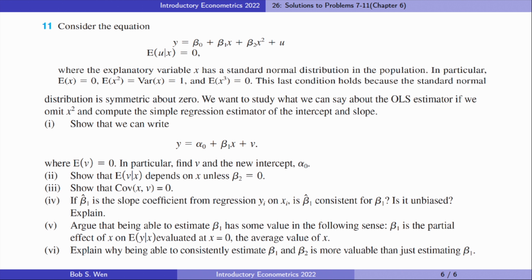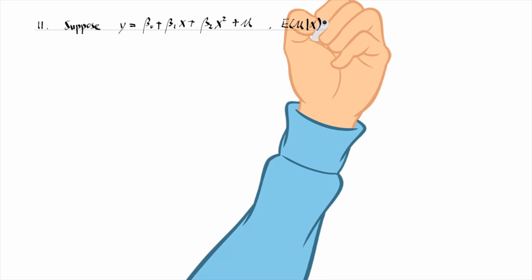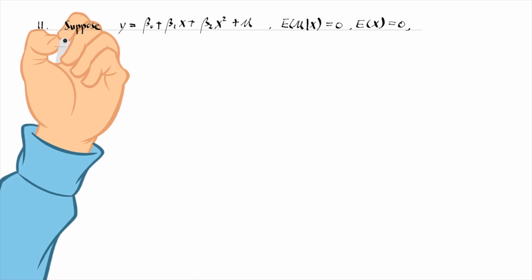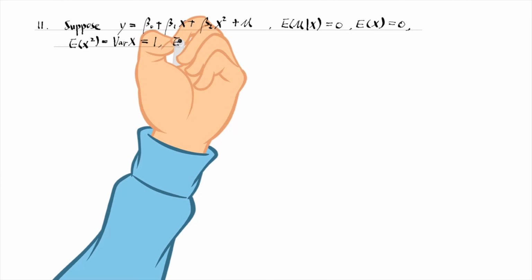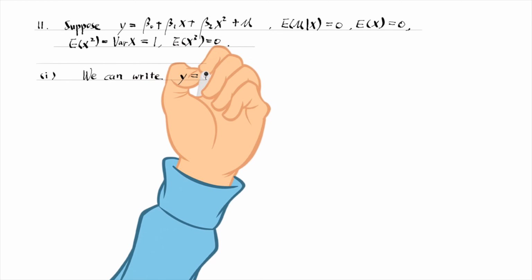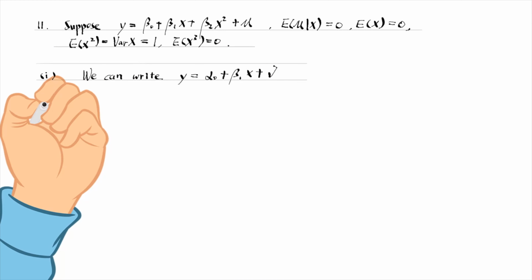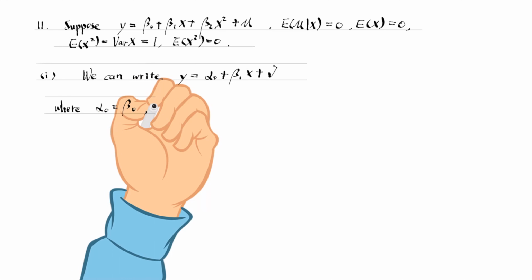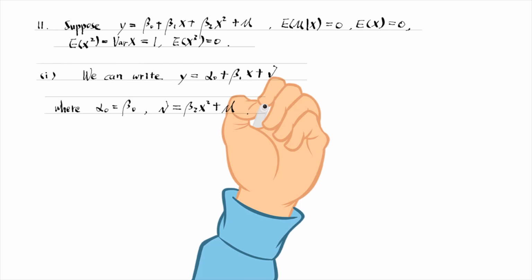Now, let's finish the last problem. Suppose the true model contains the quadratic term. The estimated equation is linear without the quadratic term. We can write it as follows. The new intercept alpha 0 equals beta 0.